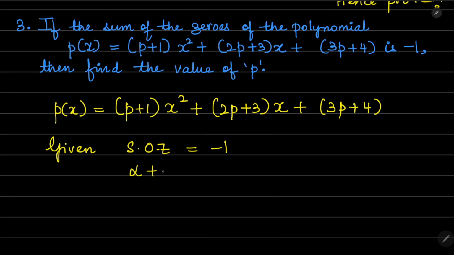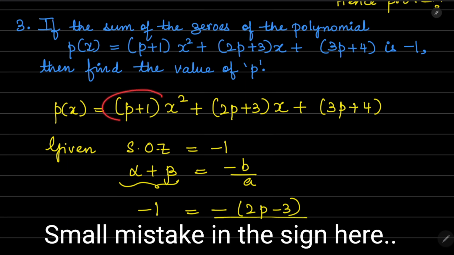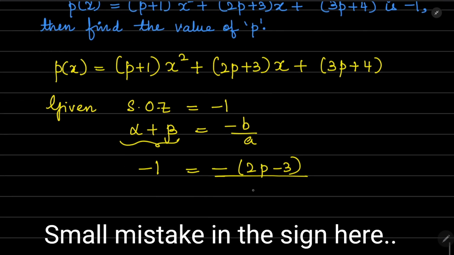So alpha plus beta equals minus b by a. Alpha plus beta is -1, equal to minus of b, the coefficient of x, which is 2p minus 3, divided by a, the coefficient of x², that is p + 1.